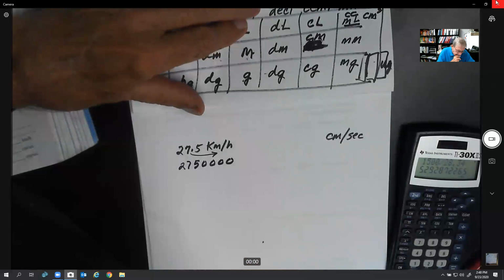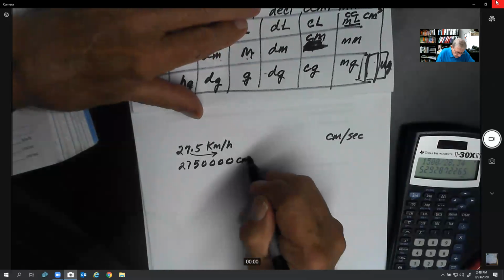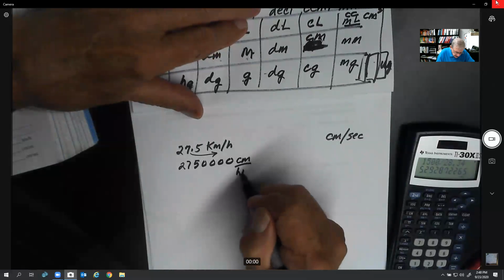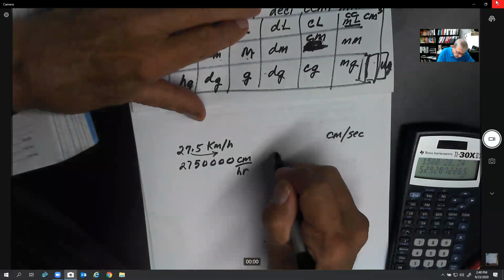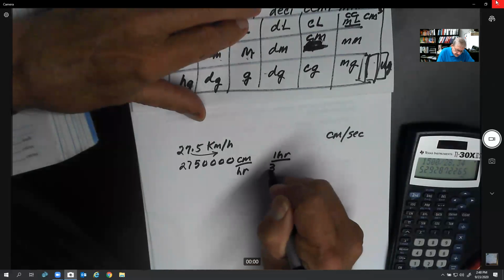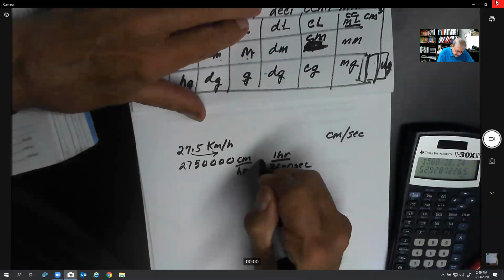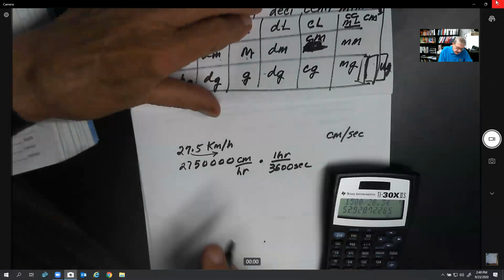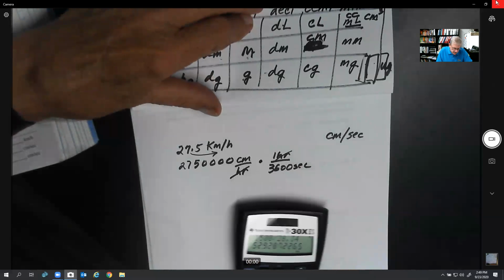Now that'll give us centimeters per hour, and we want to change hours to seconds. So 1 hour is 3,600 seconds. Remember that from the last time? Times this. So we can see the hours cancel out hours. We should have centimeters per second.